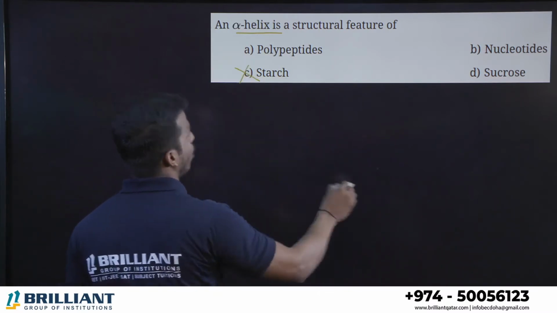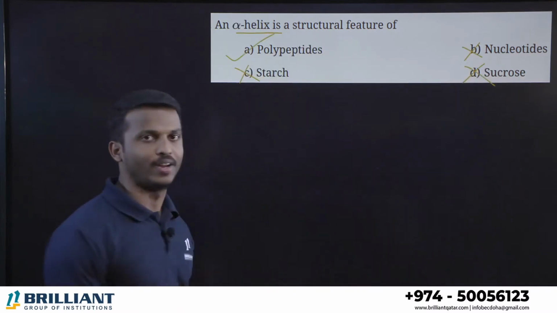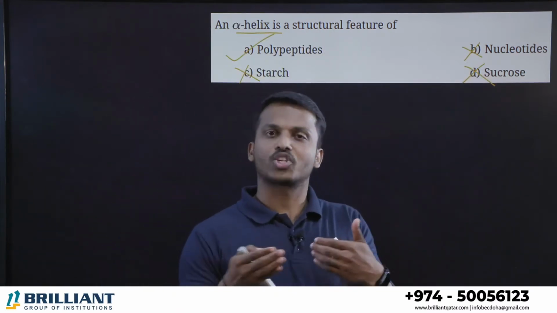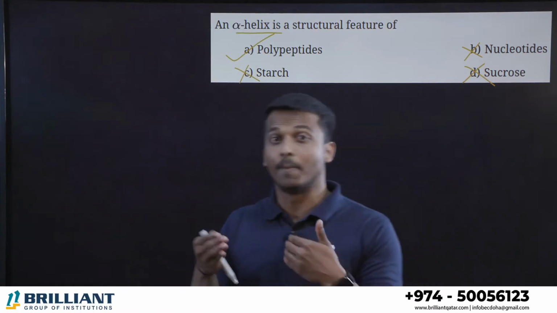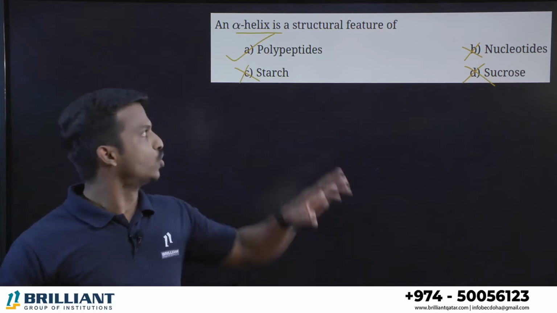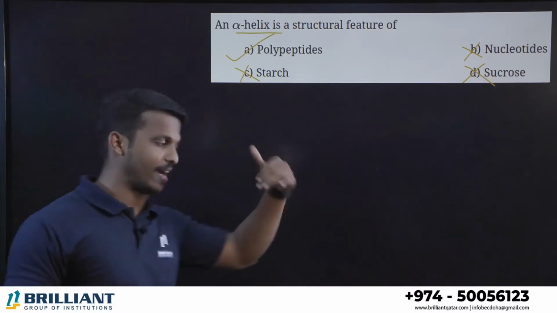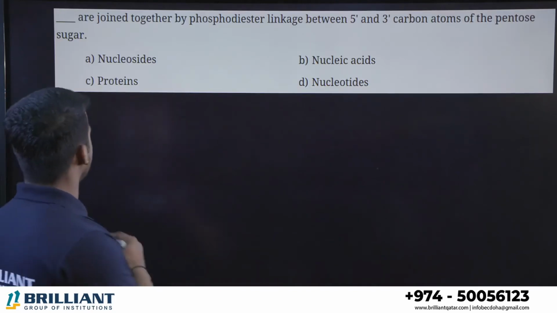Is it starch? No. Nucleotide? No. Sucrose? No. Polypeptide. What kind of connection happens in a protein chain? Peptide bond. Polypeptide means it's a long protein chain. Correct. So alpha helix is related to what? Protein, that is polypeptide.